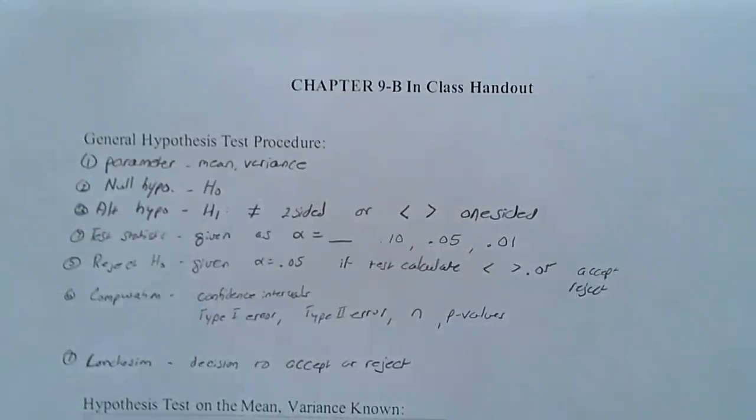The answer might be yes, it might be no. So in all of our questions that we're going to do in homework, on quizzes, for exams, everything's going to be focused on this idea that we're either going to accept or reject the null hypothesis. And that leads us to a decision about what we need to do.